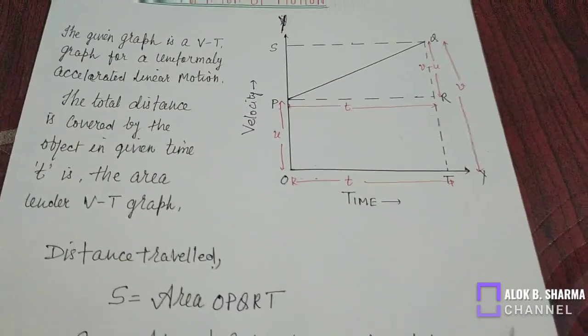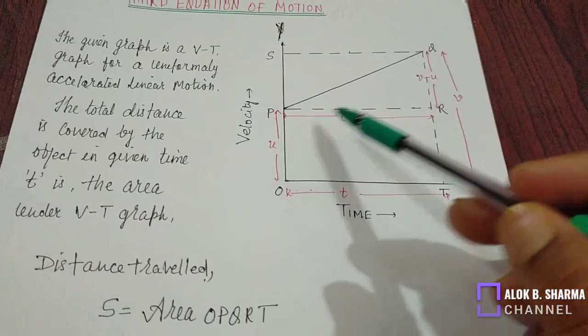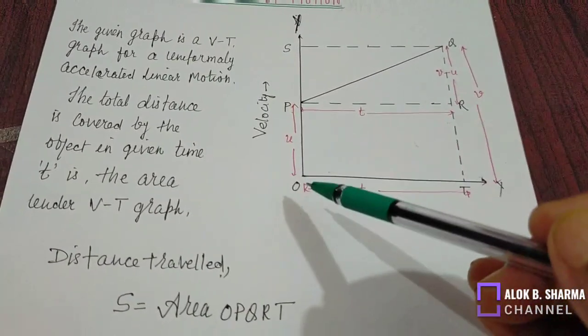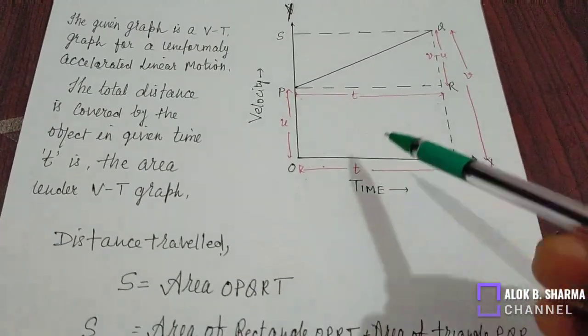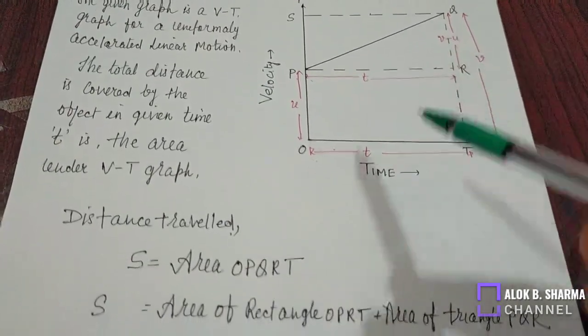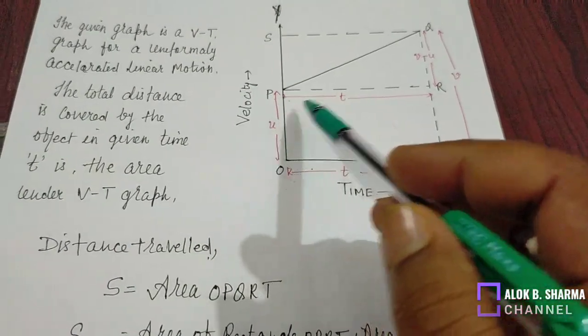Now the distance traveled by the object during time t is the area of OPQRT, which is the sum of the area of rectangle OPRT plus the area of triangle PQR.